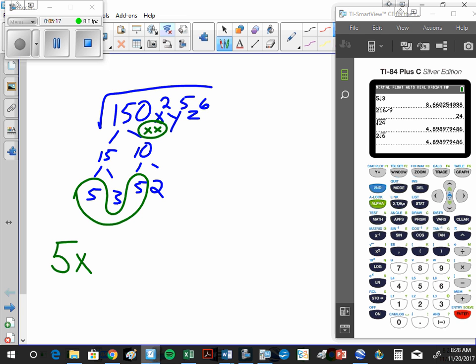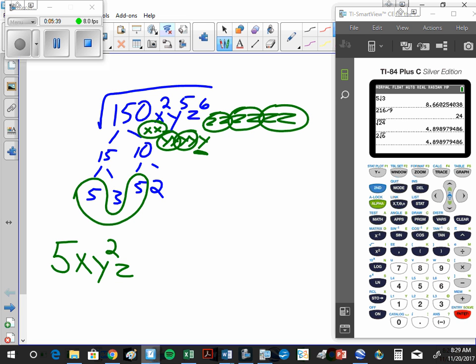How many y's can I bring out? Well, if I write that out, y, here's a set, and here's a set. The outside is y squared, and there's going to be a y left over on the inside. And then the z's, I have 3 sets, which means I put z to the third on the outside.